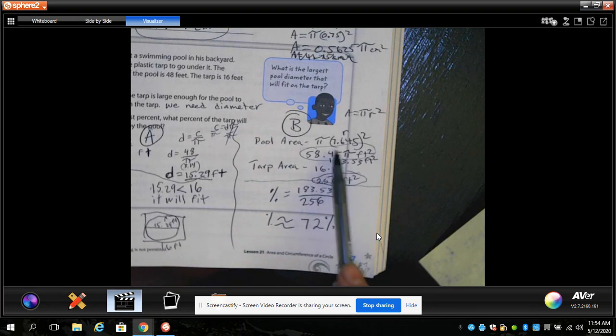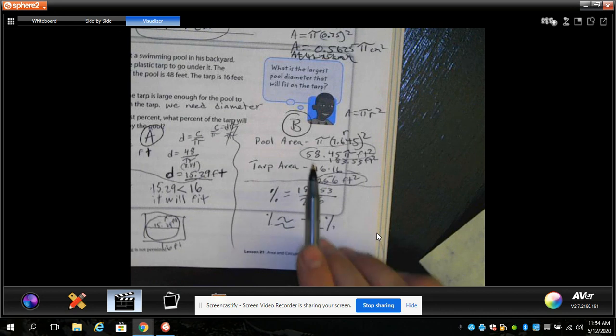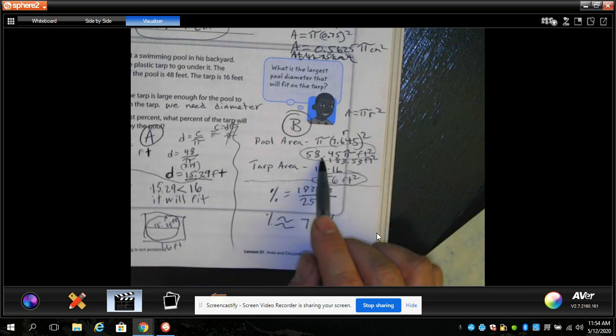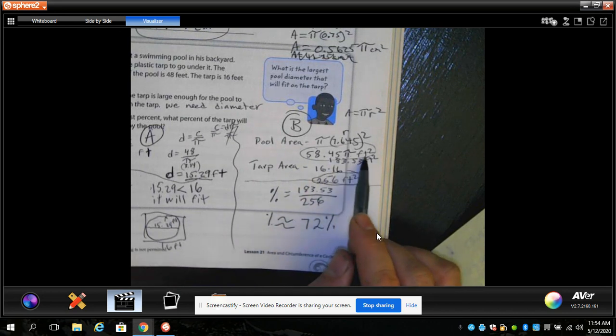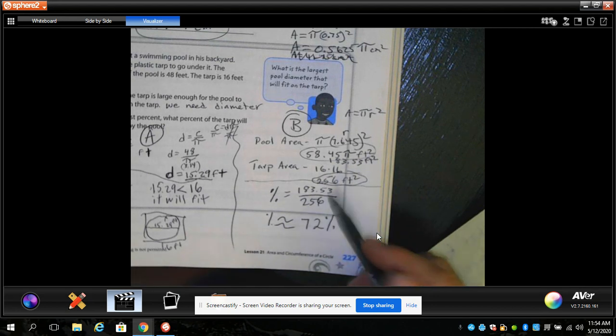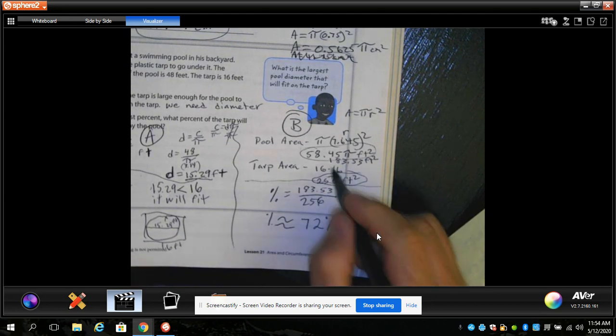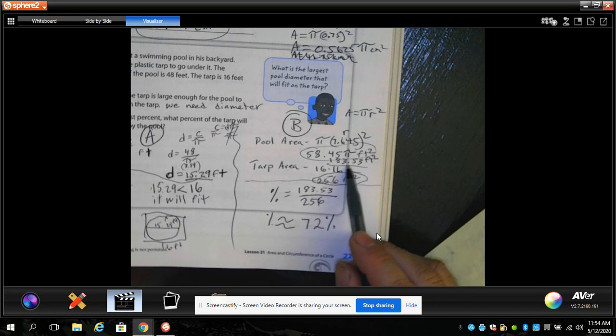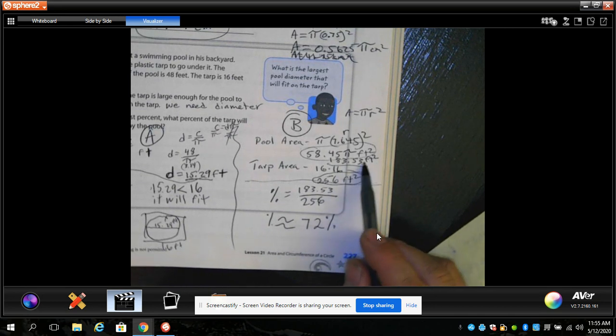So the radius squared, 7.645 squared, gives 58.45 pi square feet. And here, since we're dealing with area in square feet, we're not going to be using it in terms of pi. So you're actually going to multiply that out, and that comes to 183.53 square feet. And again, this is a rounded answer.